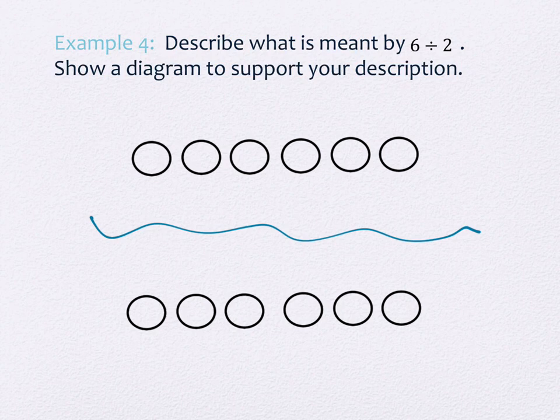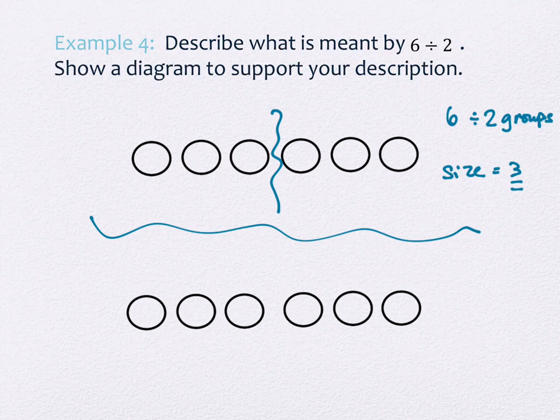One option is to take my 6 items and to separate them into 2 groups. So this option says I have 6 items and I make 2 groups. And what we say in the end is that each group has size 3, right? So 6 divided by 2 is 3. I had 2 groups. Now I have size 3.